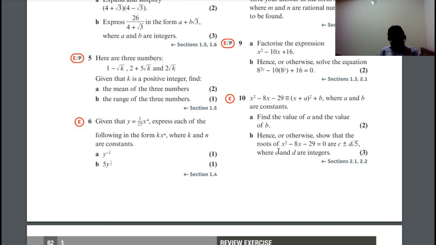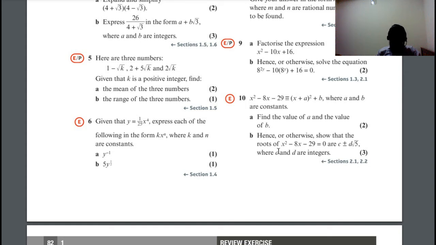Sir, it's 4 plus 2 root 2. Nothing root 5? So, what's the answer? You're making a mistake in the previous step. It's going to be 4 plus minus 3 root 5.